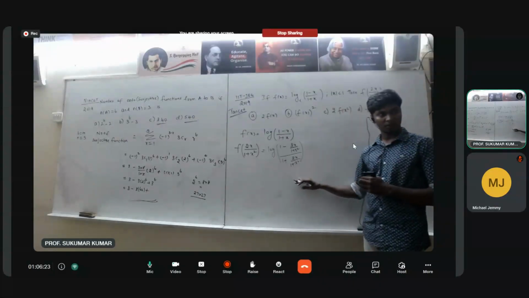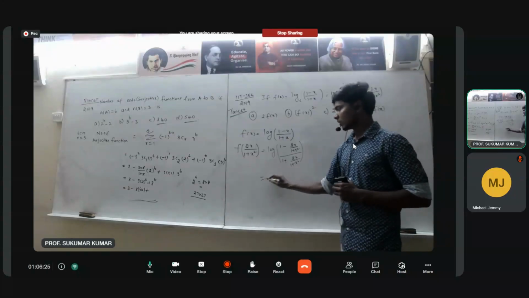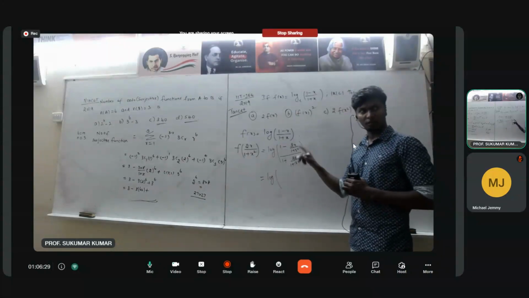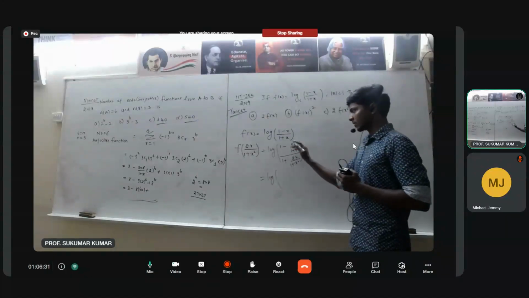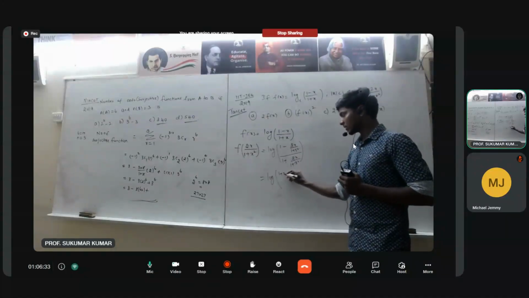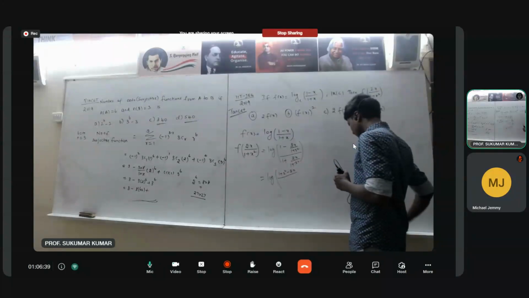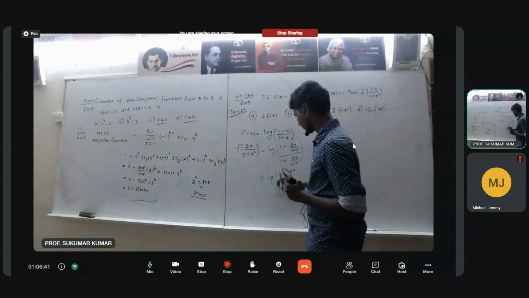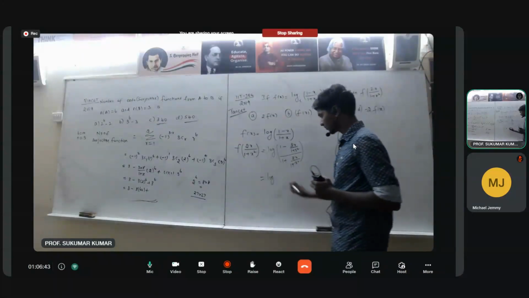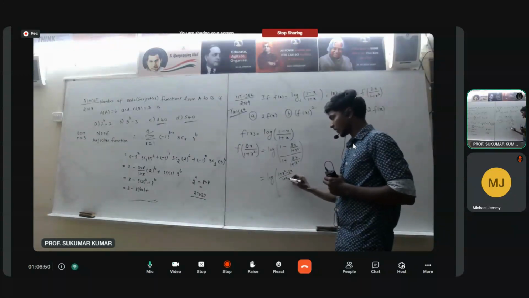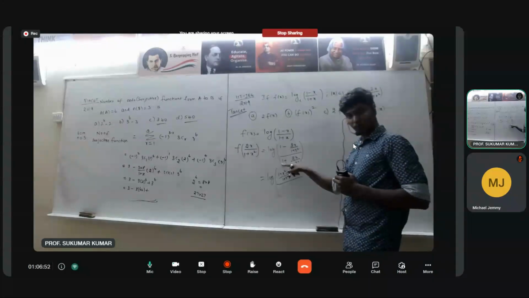Got it? Up to this? Okay, so which is equal to log of, cross multiplying because of the complex form, 1 plus x square minus 2x, whole divided by 1 plus x square minus 2x divided by 1 plus x square.